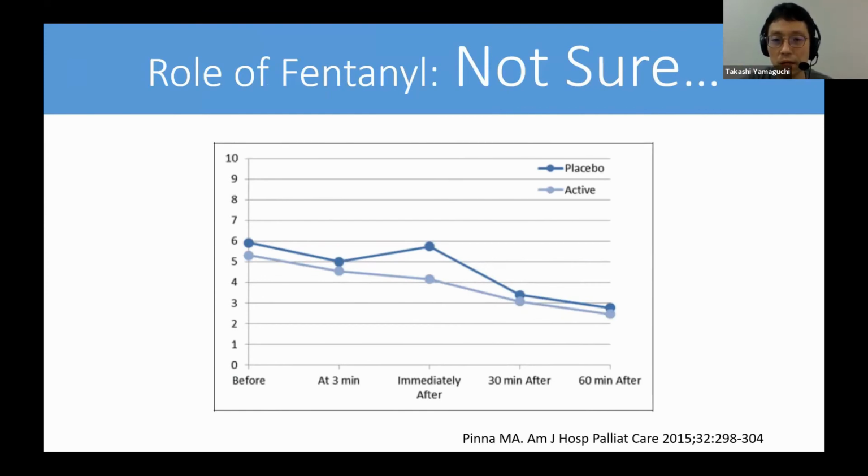They gave OTFC and the placebo before a 6 minute walk test and evaluated dyspnea intensity. But as you can see in this slide, they could not show any statistically significant difference between the 2 groups.